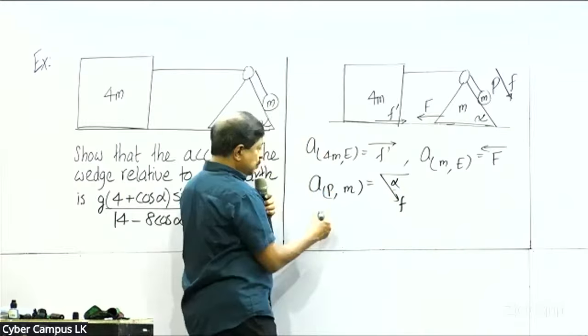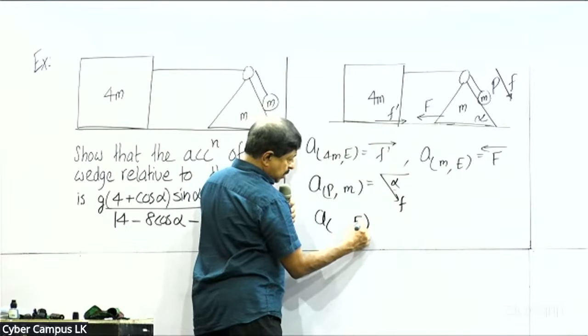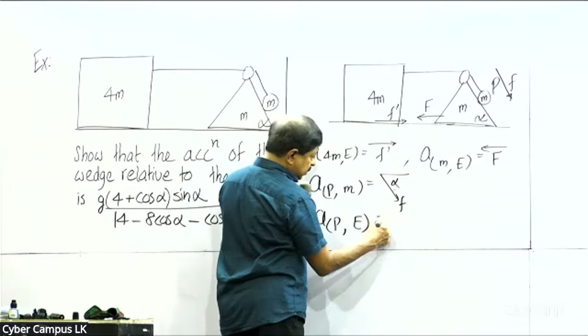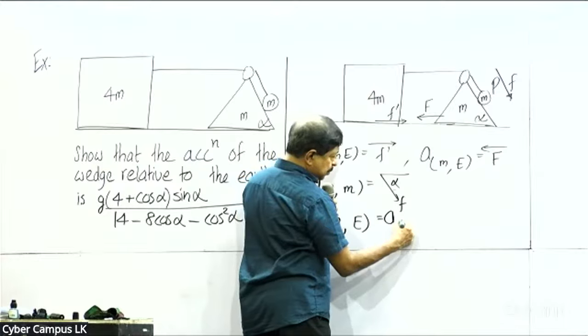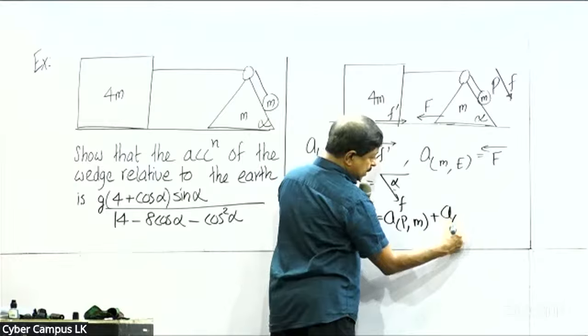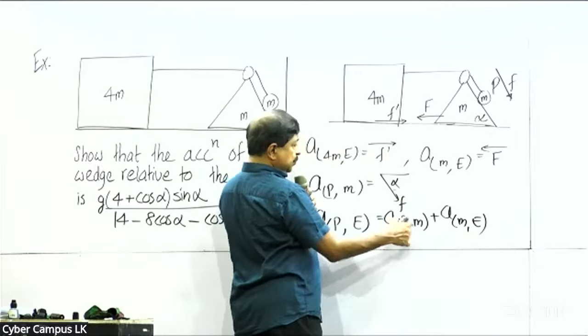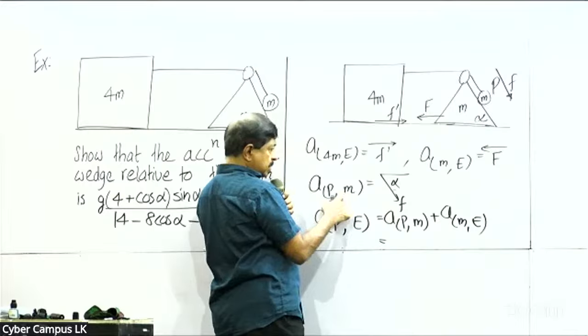Now you need to find the acceleration of p related to the Earth. So it should be like this. You have to connect it via simple f.